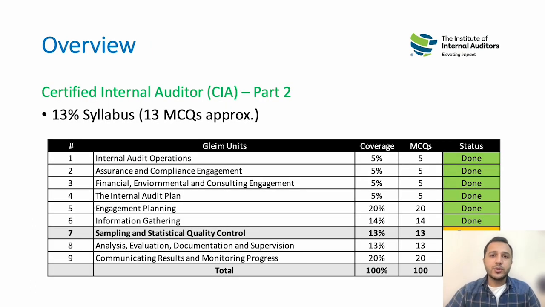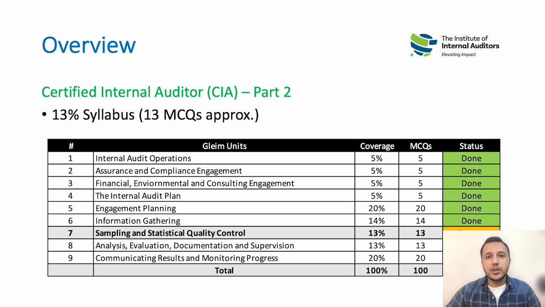This is a snapshot of the entire CIA Part 2 exam syllabus. The GLIM has divided the entire syllabus into 9 units. We have completed till Unit 6, and our today's topic of discussion is about sampling and statistical quality control, which is Unit 7.